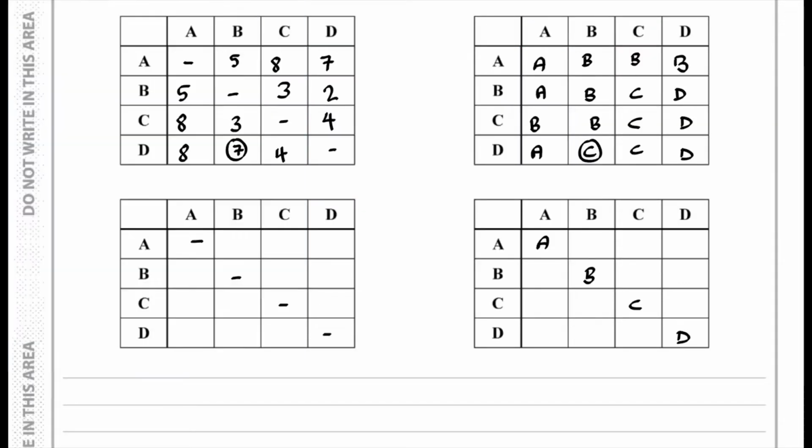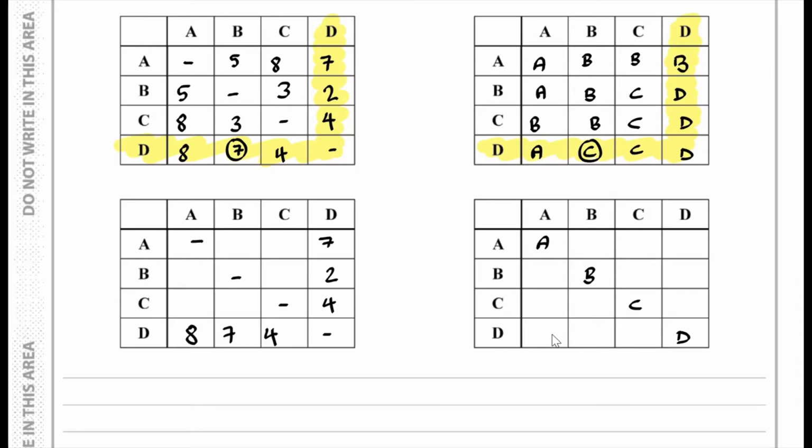So let's now take a look at this D column over here and this D row over here. Now again, whatever I've highlighted, that remains unchanged. So here we have 7, 2, 4, 8, 7, 4.